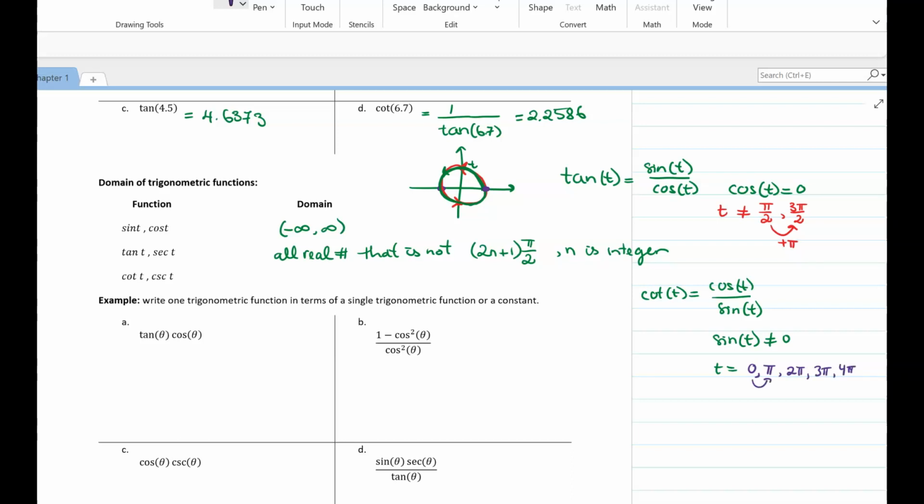So the difference is pi. The domain here is all real numbers that are not n pi, for n an integer.